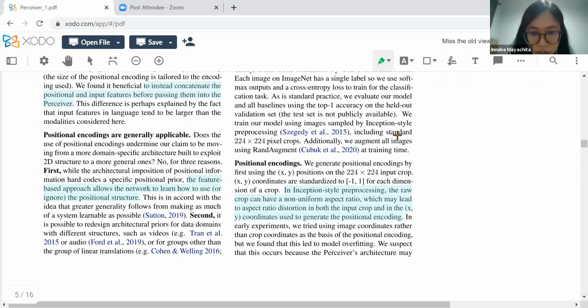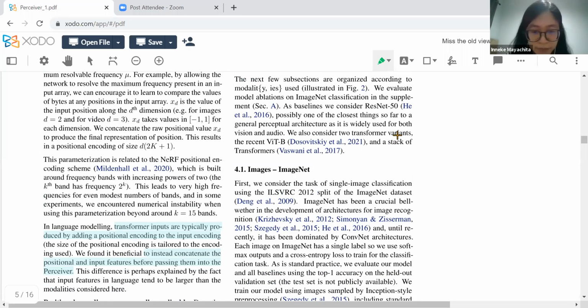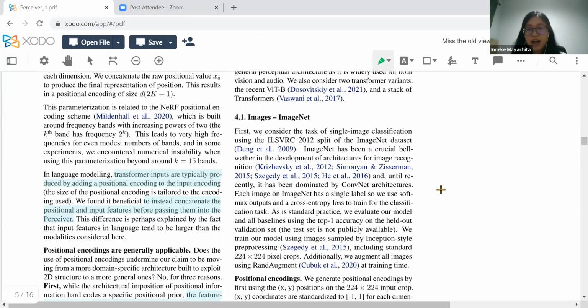All right, I think that's all in terms of architecture. Next is about the experiments. Something interesting is that they put a lot of emphasis on images, audios, videos, and point clouds, but they don't talk about text at all. So I'm wondering why.